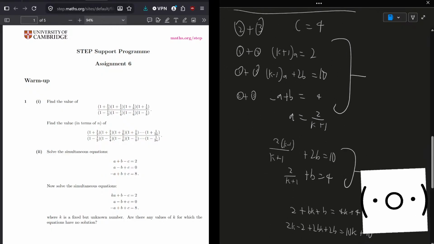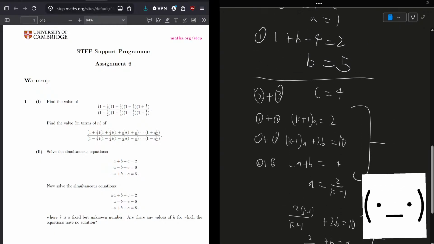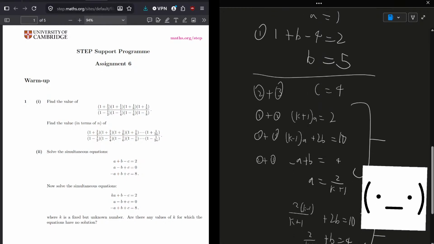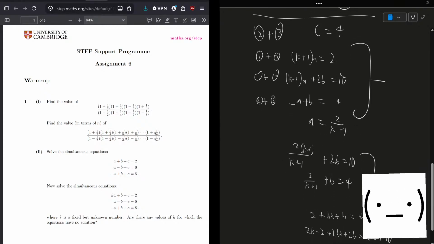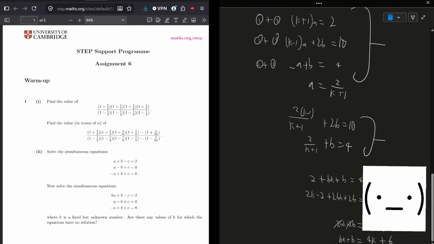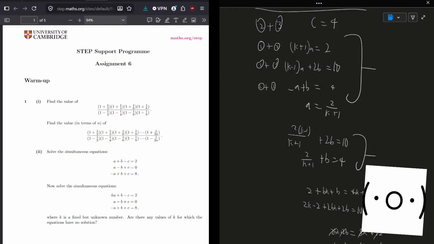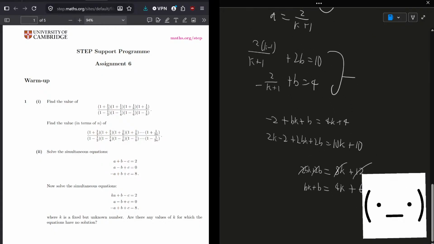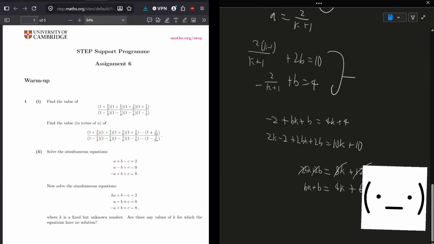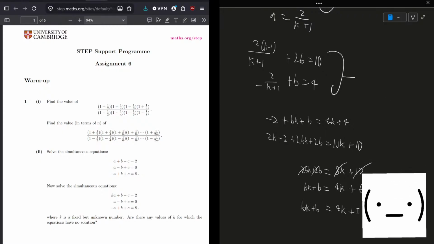Clearly something's going on here, so we've got to go for that. Maybe 1 plus 3? What is it? Oh, I missed out the fact that this is negative. This is negative. So actually, yeah, this should be, in fact, bk plus b, 4k 6.